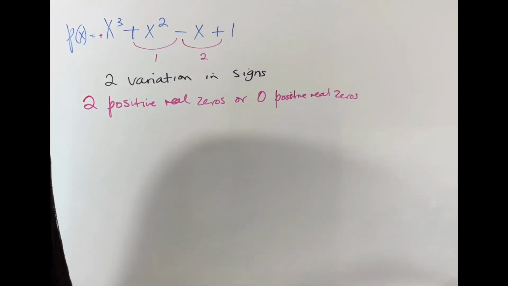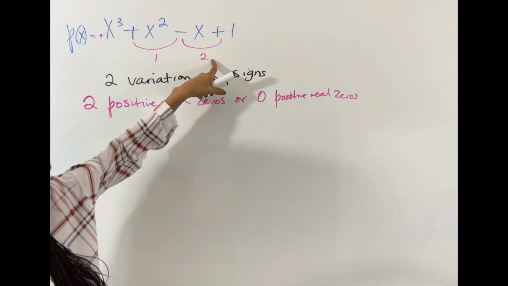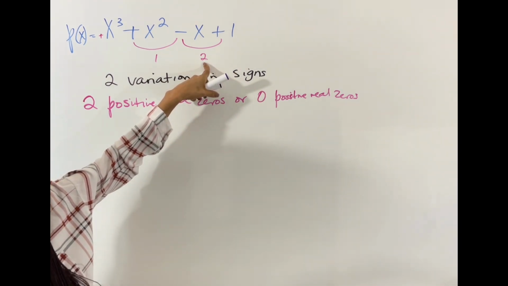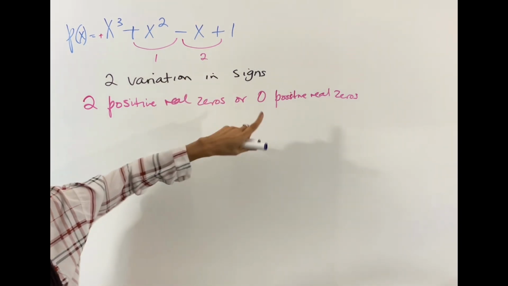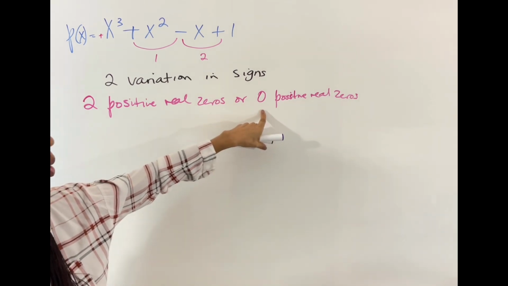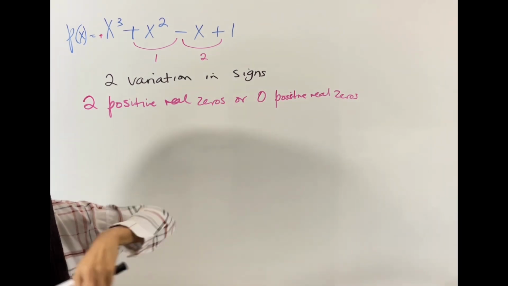Now, one thing I must say to you is that because you have 2 here, you have to subtract 2, which is how you end up with 0 positive real zeros.